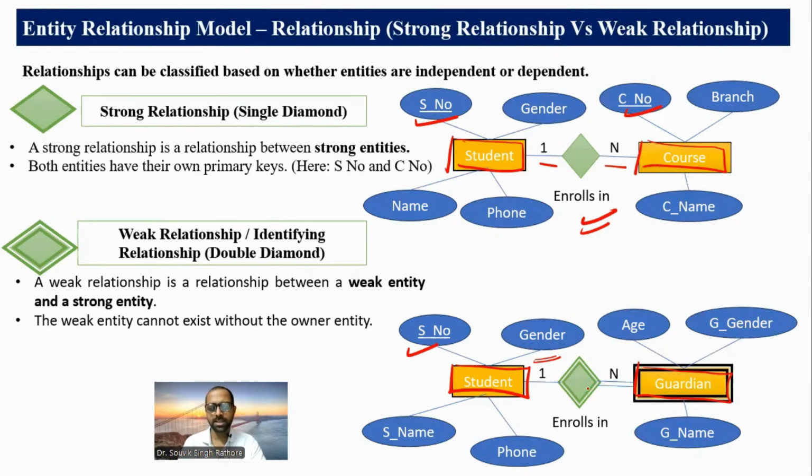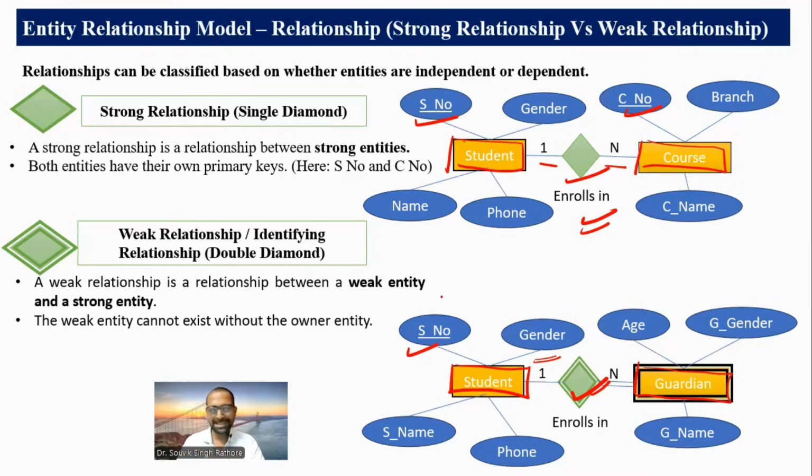A normal relationship is represented using a single diamond, but an identifying relationship, which connects a weak entity type to its owner entity type, is represented using a double diamond. So the double diamond tells us that the relationship is not just an ordinary relationship, but it plays an important role in identifying the weak entity type.